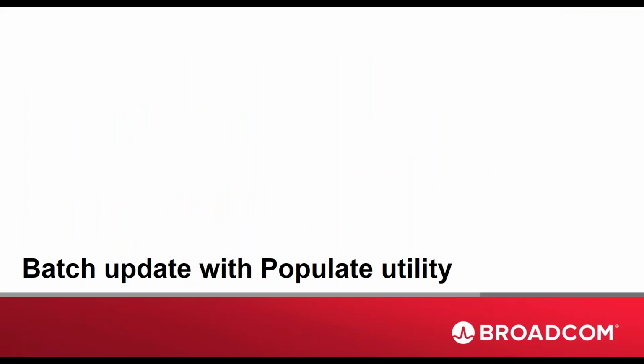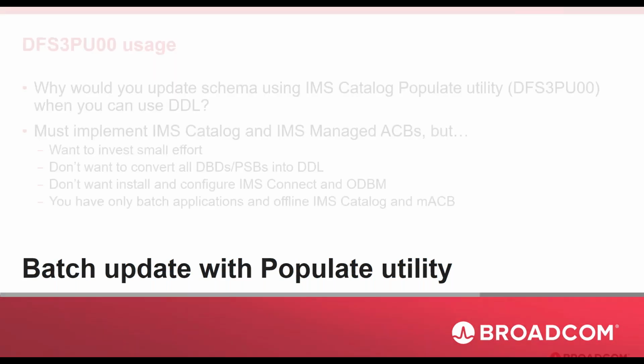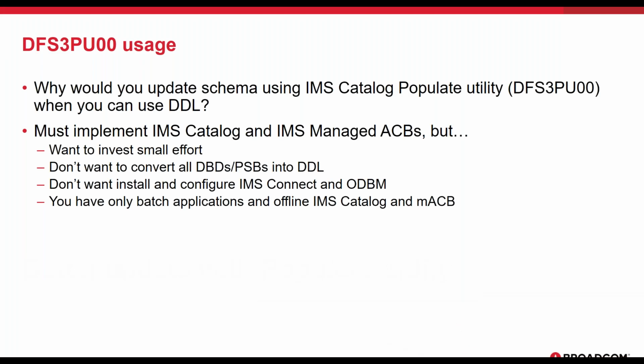Okay, so here comes the first part of the presentation, which is the batch update population utility. First is why would you use this population utility when you have such a fancy thing like, for example, the DDL?